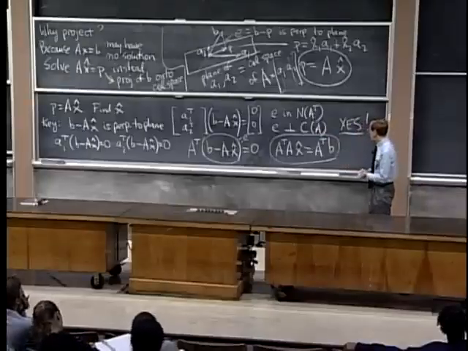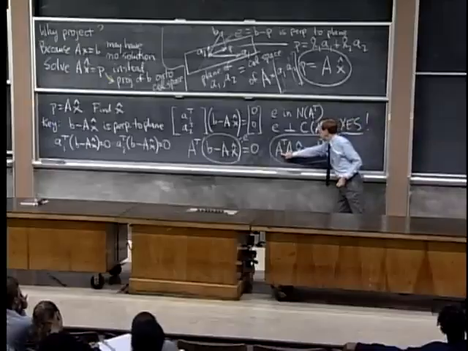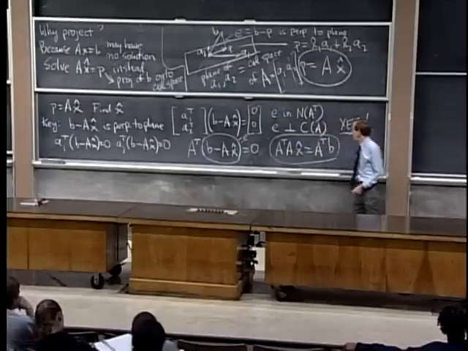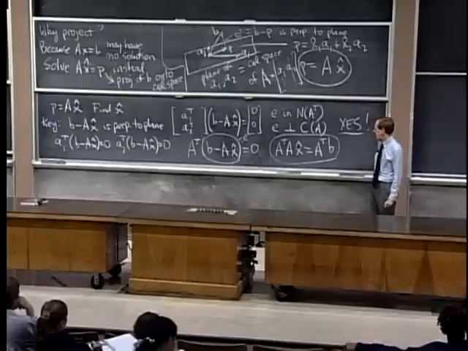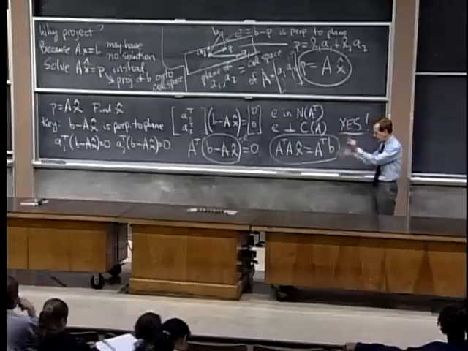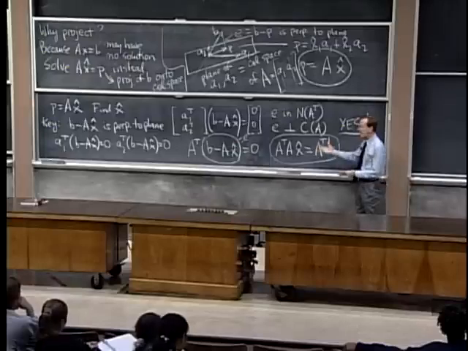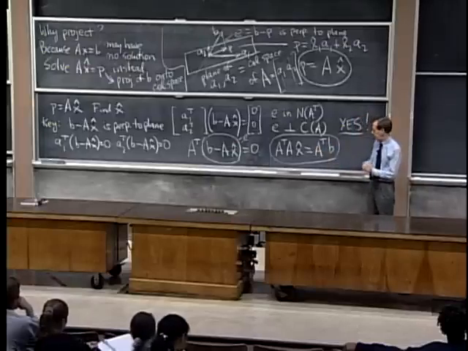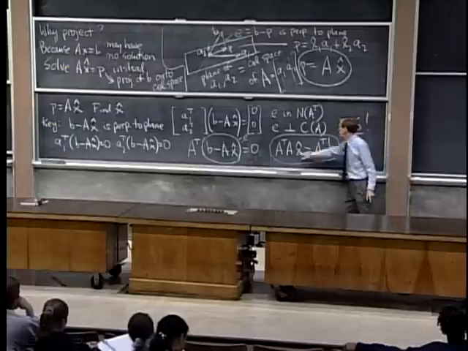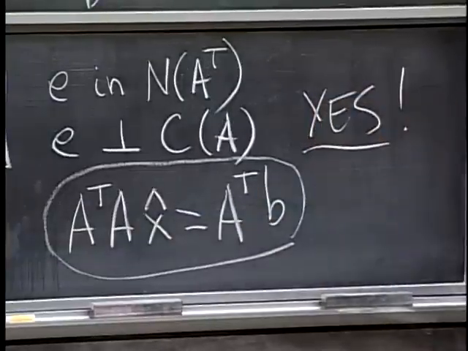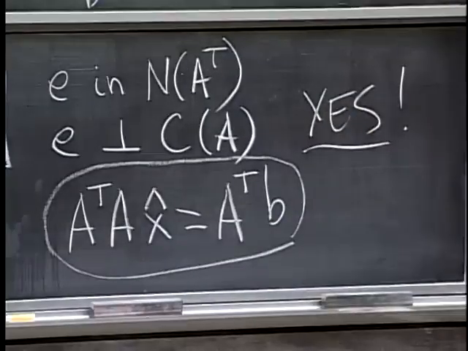There, little a transpose a was just a row times a column, a number, and this was a number, and x was the ratio of those numbers. But now we've got matrices. A transpose A is an n by n matrix.